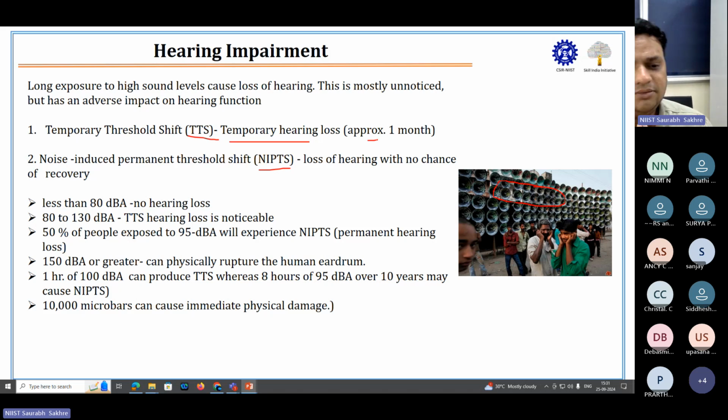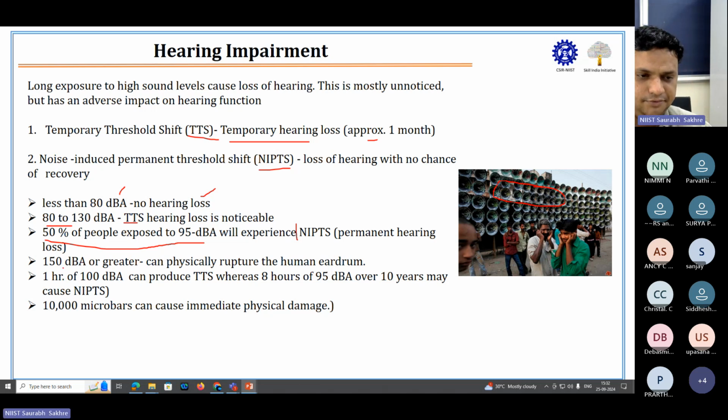Some of the things you need to understand: if the noise is less than 80 dBA, there will not be any hearing loss. If the noise is between 80 to 130 dBA, there will be TTS, temporary hearing loss. And if 50% of people exposed to 95 dBA will experience NIPTS, permanent hearing loss. Meaning if 100 people are exposed to 95 decibels, 50% will lose hearing capacity.